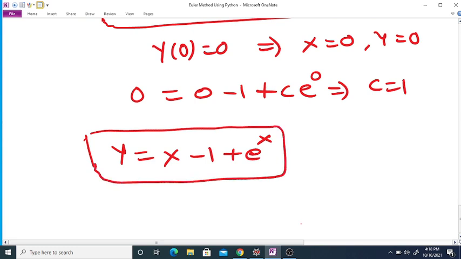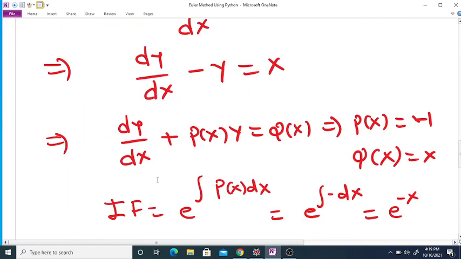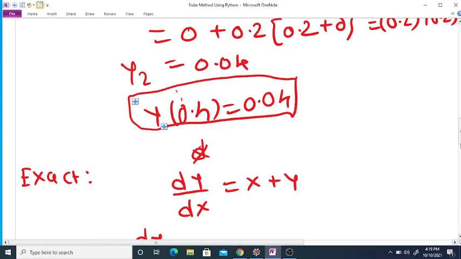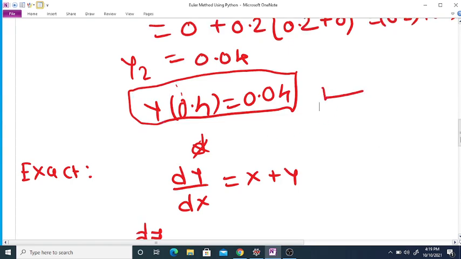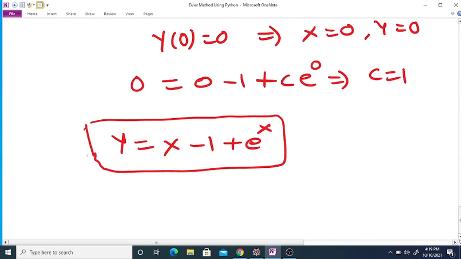Now you can obtain the value of y at any given value of x. By using the Euler method we obtained the solution of y of 0.4 as 0.04. So what is the exact solution? Now there will be an error between the exact solution and the approximate solution. Euler method gives the solution to the ordinary differential equation by using a numerical technique.